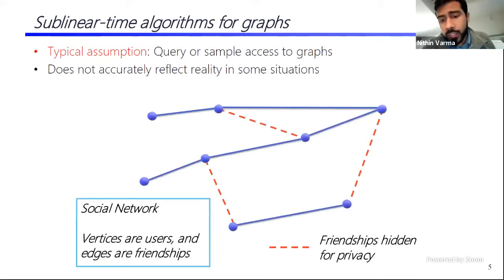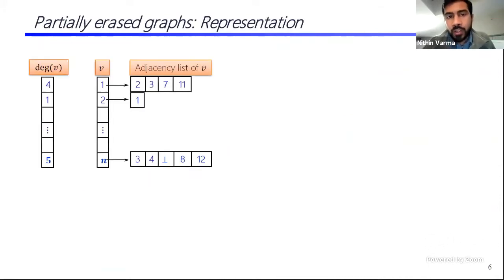For example, consider the case of a social network where vertices are users and edges denote the friendship relations. For privacy, some users could decide to hide their edges, and we get a partially erased graph. Such partially erased graphs could be represented in the adjacency list model, where there are erased adjacency entries.